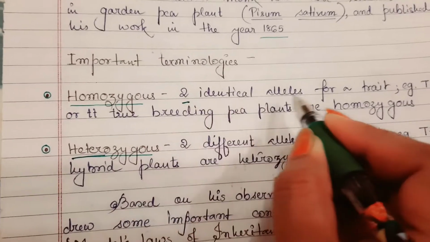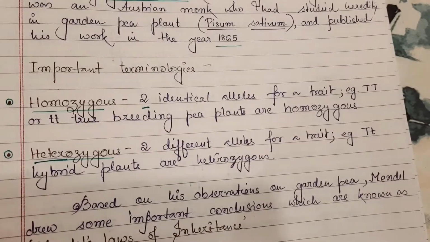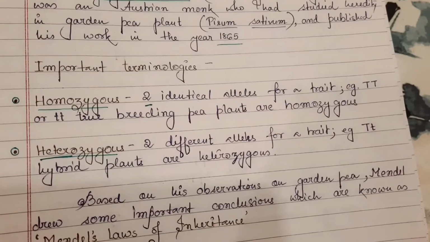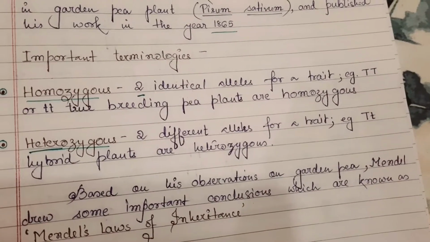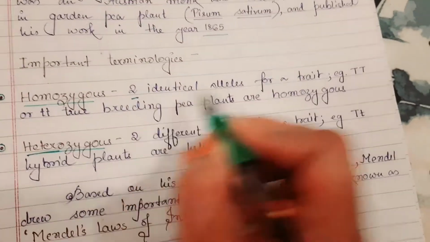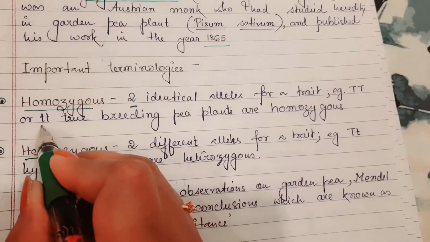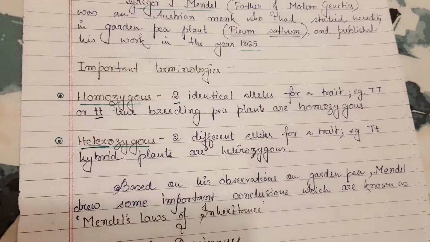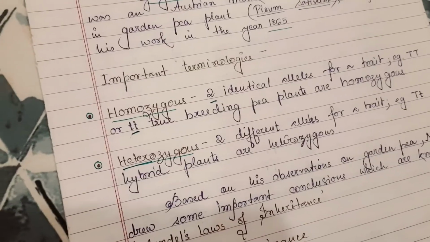Two identical alleles for a trait, example capital T, capital T or small t, small t, that is, true breeding pea plants are homozygous. Okay, two identical alleles are here. Identical means both are capital T or both are small t. So you see it's homozygous, there is no mix, right?